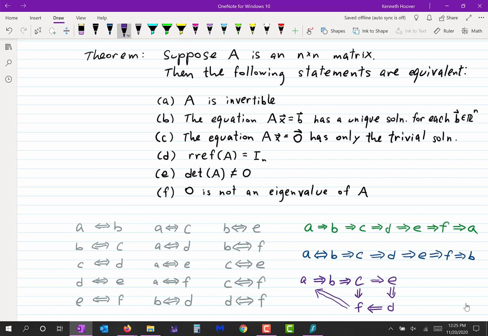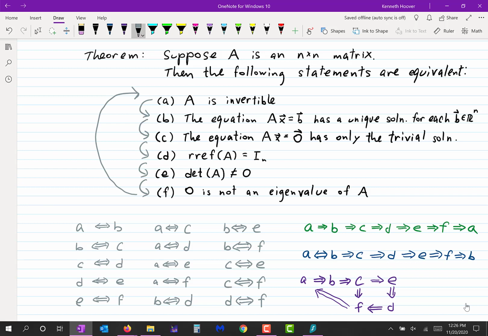I think what would be the easiest mistake to make would be, somebody could show that A implies B and B implies C and so on, and say, there we go, we got them all, and not realize that doesn't show you that E implies A. It only shows you that A implies E. So I think that's maybe the easiest mistake, is to not realize that you have to show that you can get back here somehow.